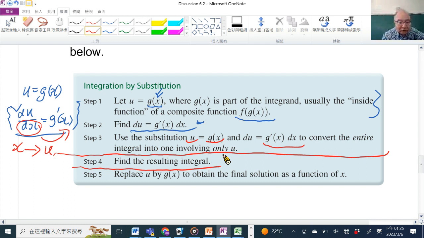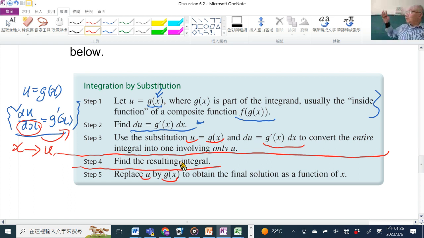So in the final stage, you bring x through the g function back to the position of u. Replace whatever u is in your new result by g of x. That will complete your whole process of the substitution technique.